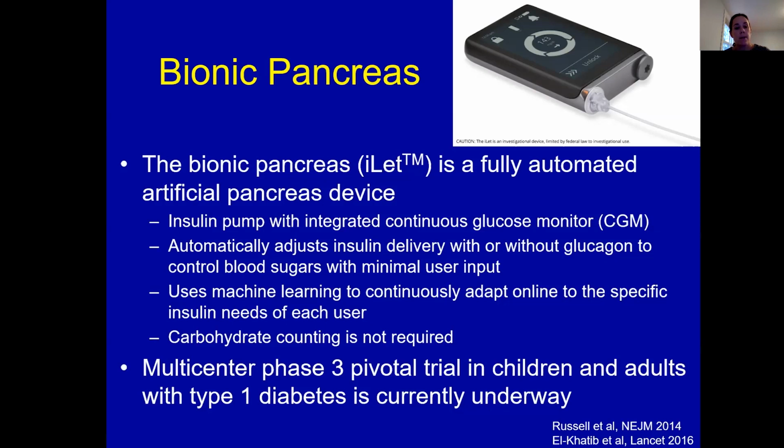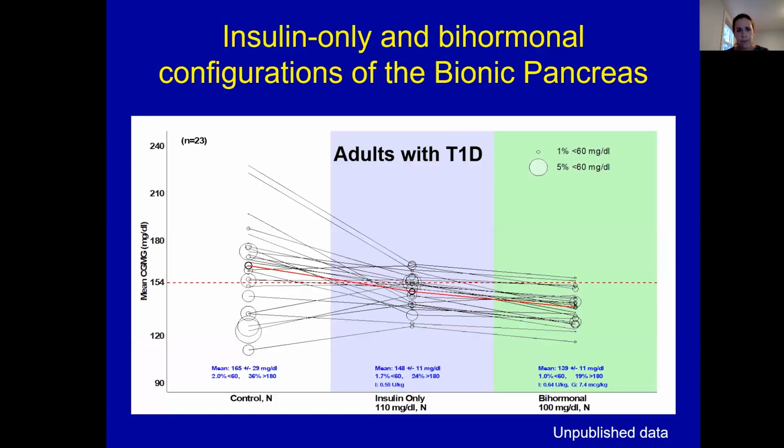Right now, the bionic pancreas is currently being studied in a multi-center phase 3 pivotal trial in children and adults with type 1 diabetes. And this is an example of the bionic pancreas in adults with type 1 diabetes. What I'm showing you here are average blood sugar levels for adults with type 1 diabetes doing their usual care in the white.